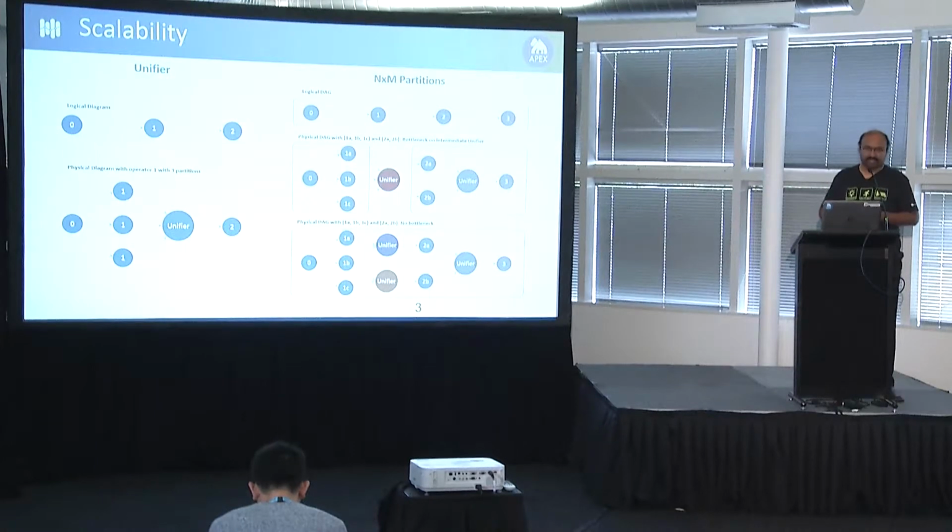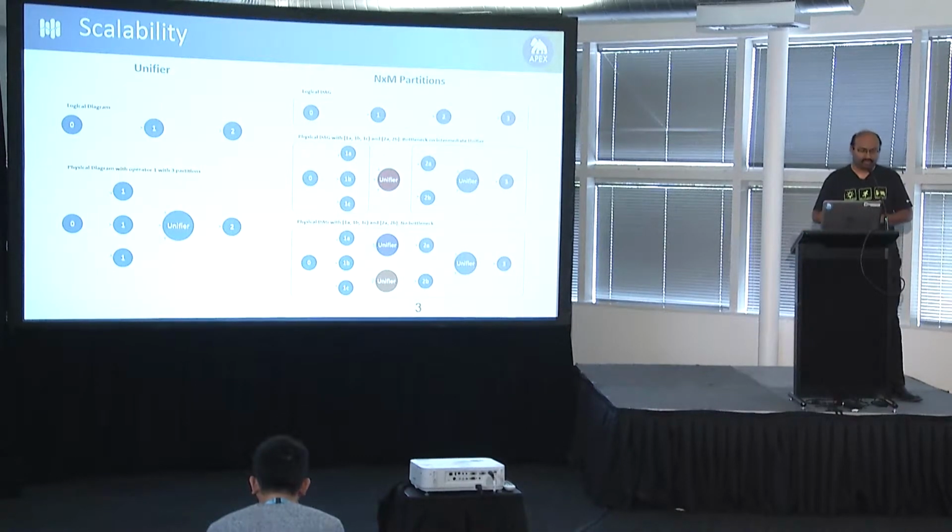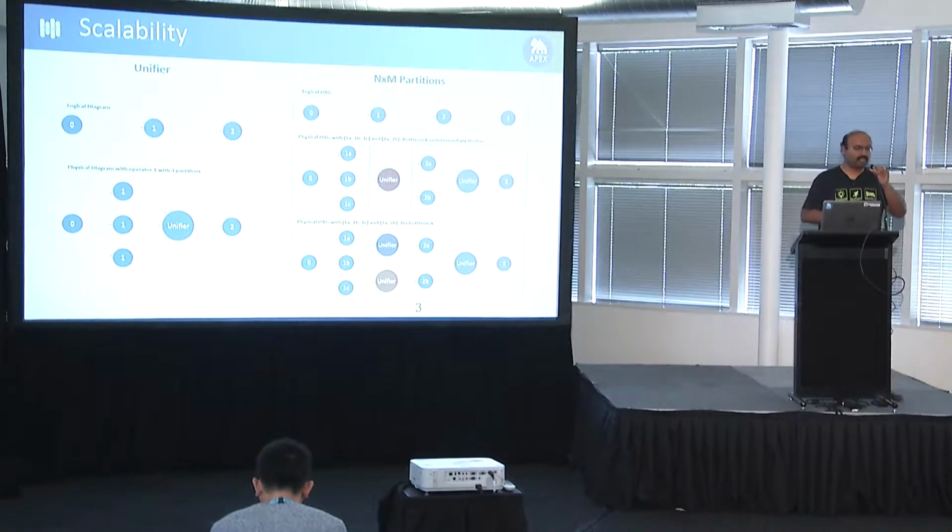So in this case, I will illustrate first some of the partitioning concepts, taking simple DAGs. Let's start with the concept of a unifier. Let's say you have an application with three logical operators, in this case, 0, 1, and 2. For a given data rate or a given data stream, you need to process it with a certain latency and throughput.